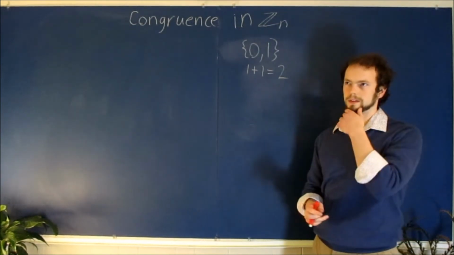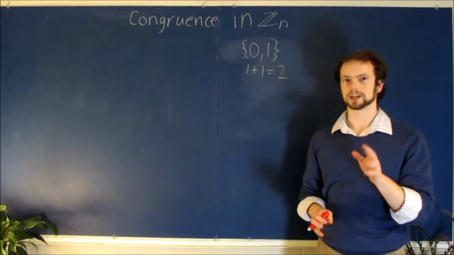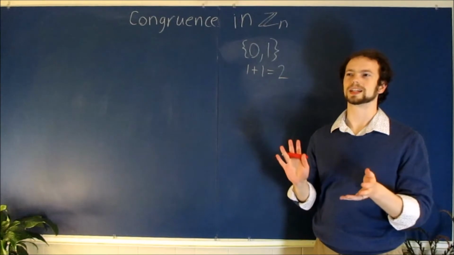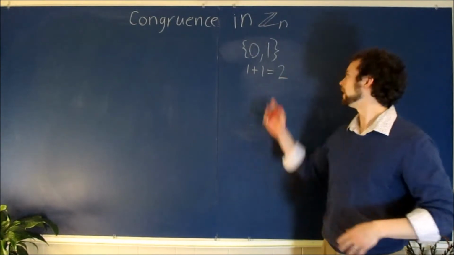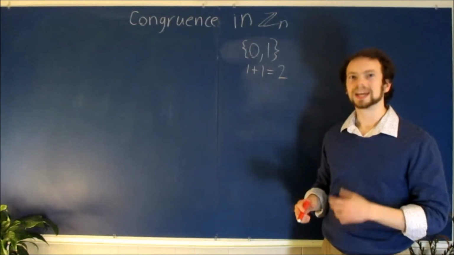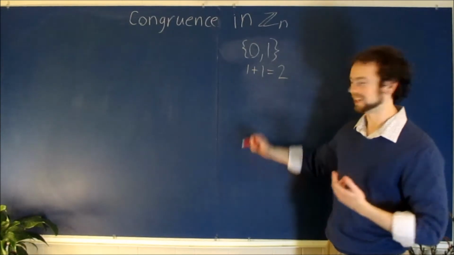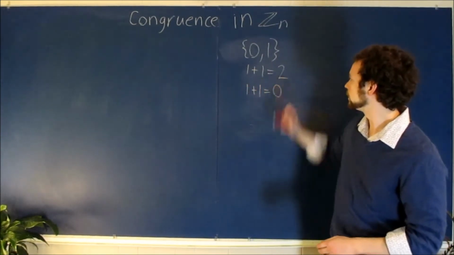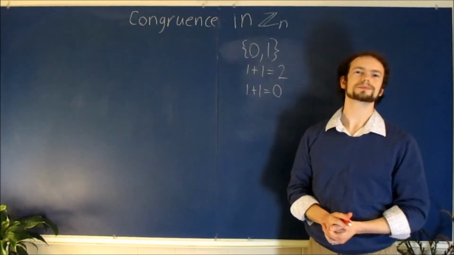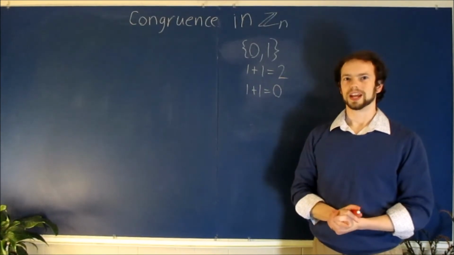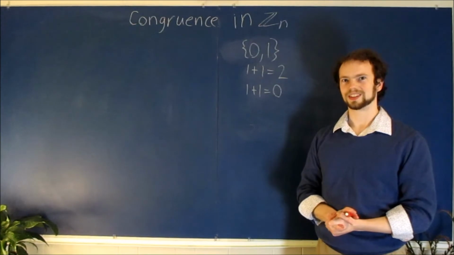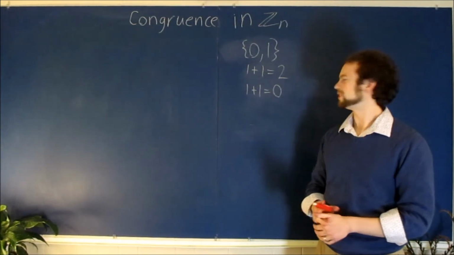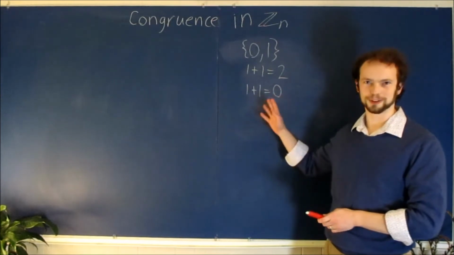Now, what if we just did a bit of a thought experiment, and temporarily forgot about the rules of addition, and just stipulated that 1 plus 1 equals 0? A lot of you will probably object, but just humor me for a moment.